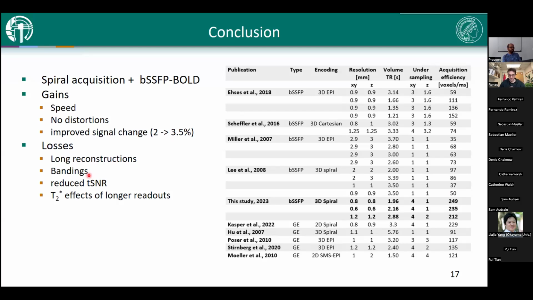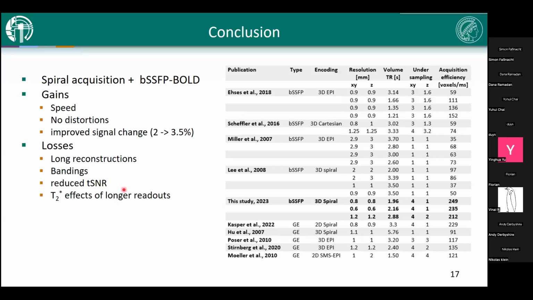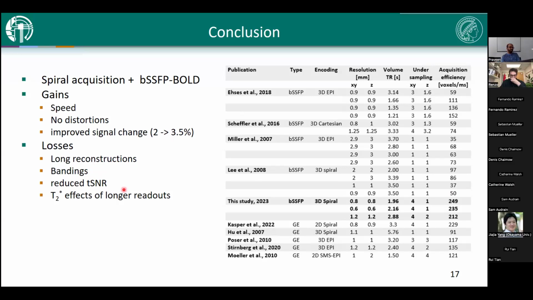So you lose coverage at the cost of speed, and the tSNR is quite low, which is not very clear because we expect a little more because of SSFP, and the iterative reconstruction also has some influence on the tSNR, which is not very clear. And there is also a little more T2 star weighting compared to a conventional SSFP because of the longer readout.